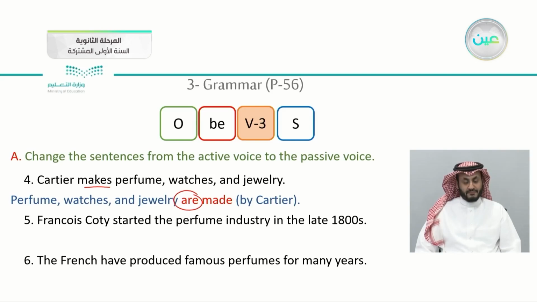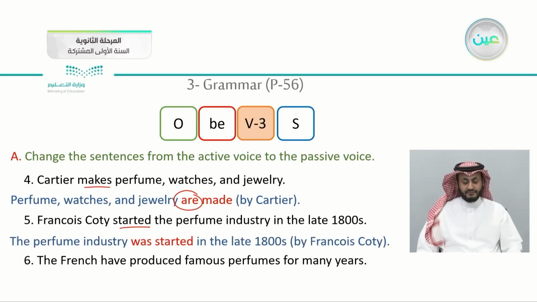Francois Coty started the perfume industry in the late 1800s. So, where is the verb? Started, a verb in the past. So, we will say: the perfume industry was started, past, in the late 1800s by Francois Coty. The French have produced famous perfumes for many years.